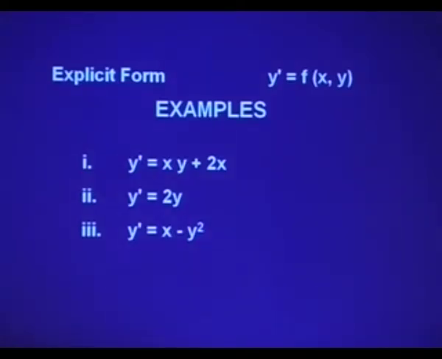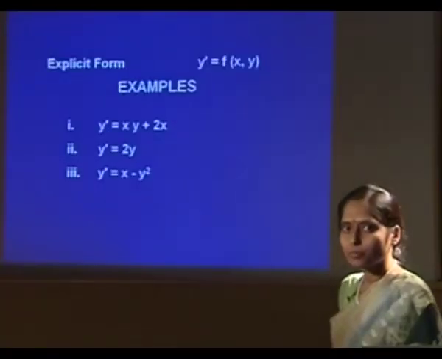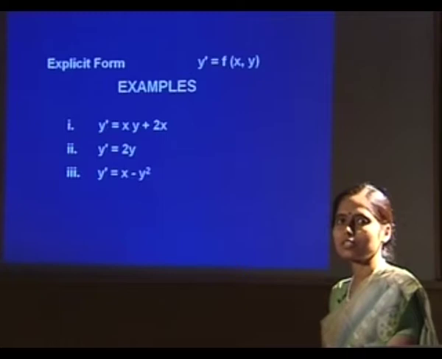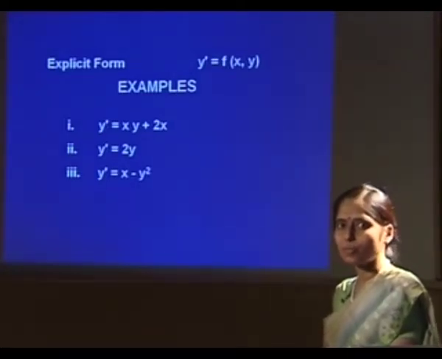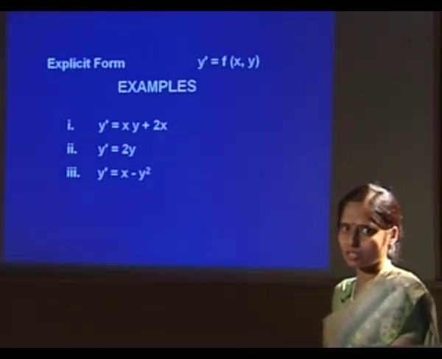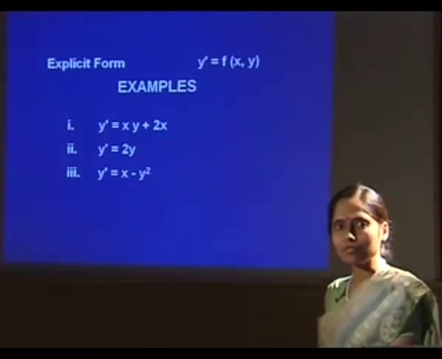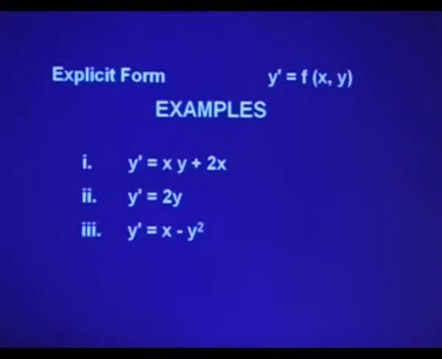Now, before finding out the methods to solve these equations, let us first try to learn something geometrically about what these equations are saying, and whether from that geometrical interpretation we can get something about the solution of this differential equation.